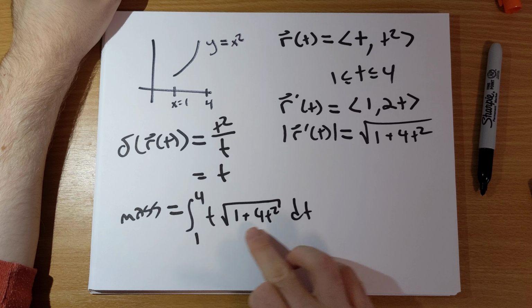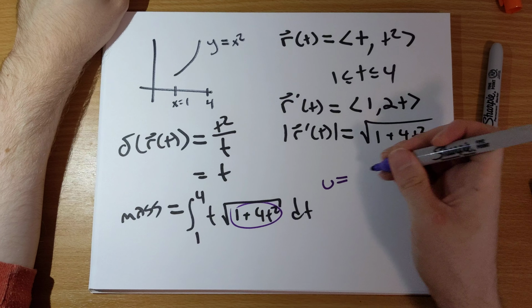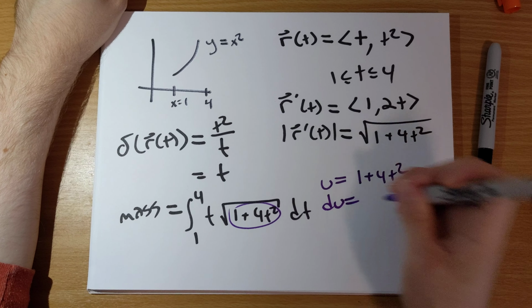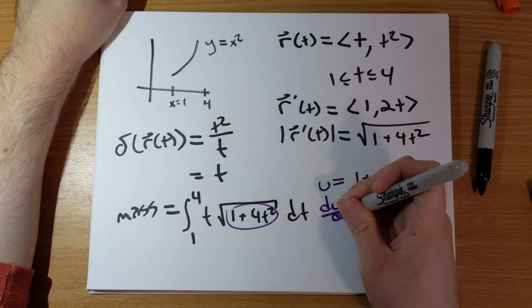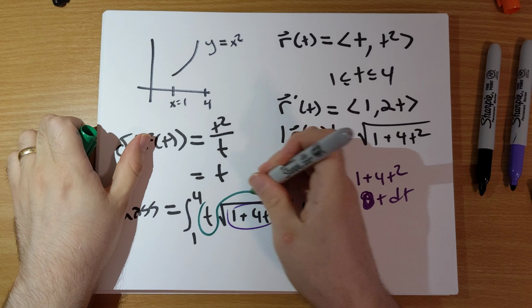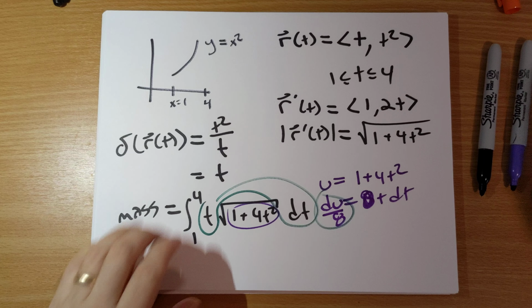Okay, we should be able to do this with substitution. We let u is equal to 1 plus 4t squared. du will equal 8t dt, or du divided by 8 is equal to t dt. So there's du divided by 8.